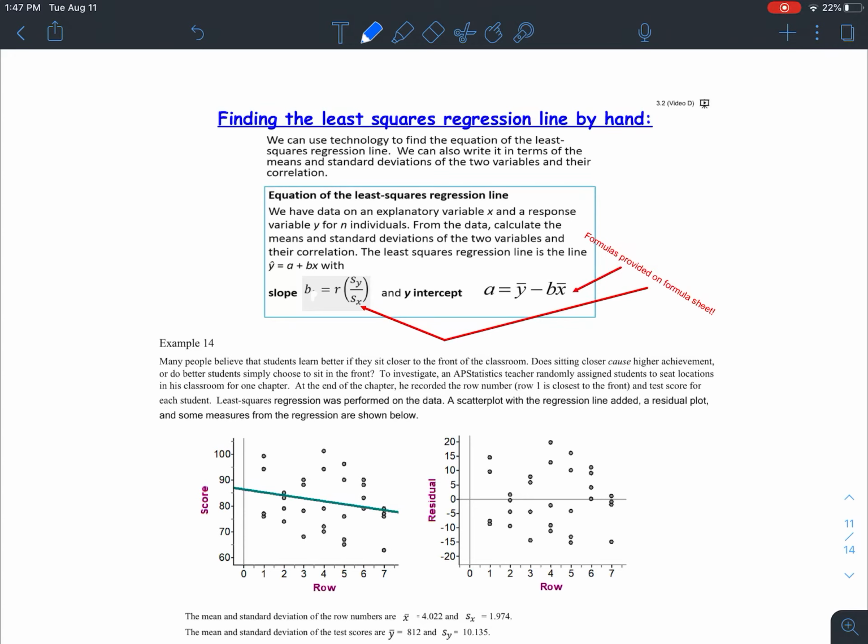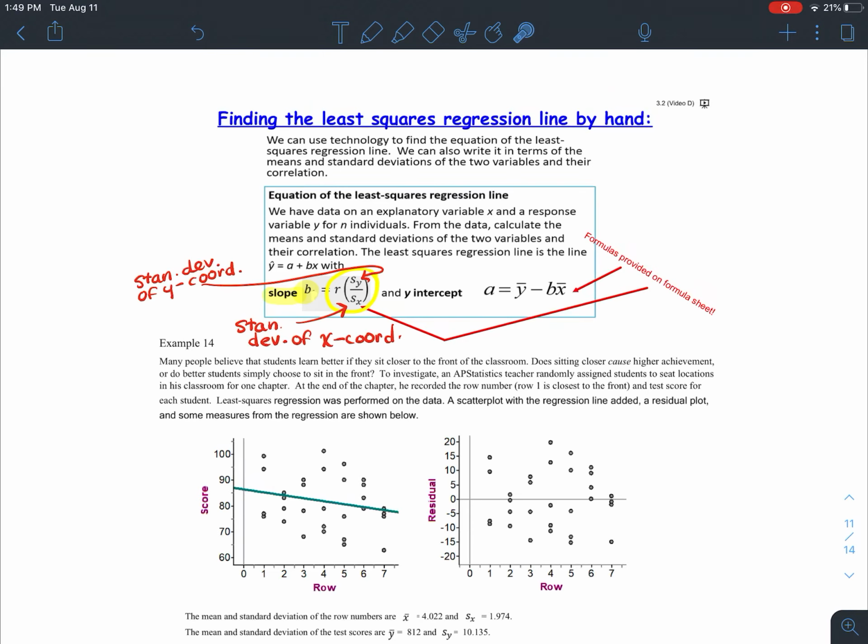Of course, we know that the r is the correlation coefficient, okay? The s sub y would be the standard deviation of the y coordinates, and the s sub x would be the standard deviation of just the x coordinates.